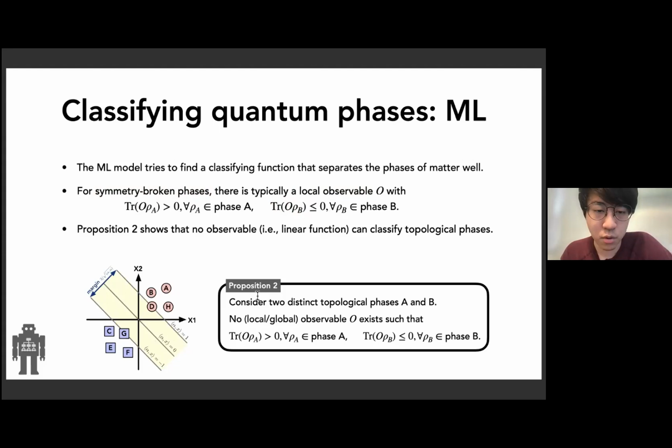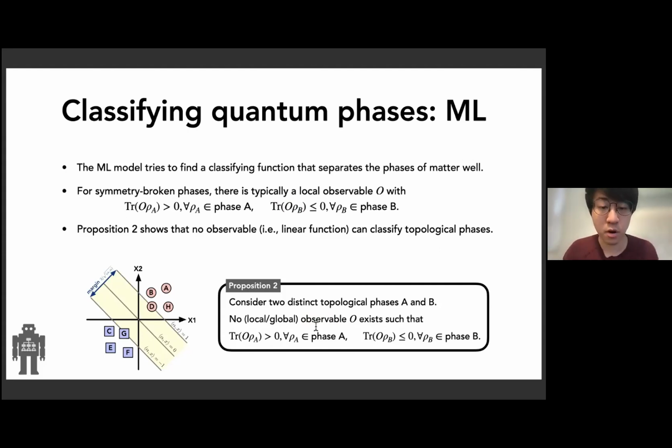However, in proposition 2 of our paper, we proved that suppose we have two distinct topological phases, A and B, then there's actually no linear function, no local or global observable, that can be used to separate the two phases. Note that this no-go theorem holds for any observable, and it includes observables that act non-trivially on the entire system.